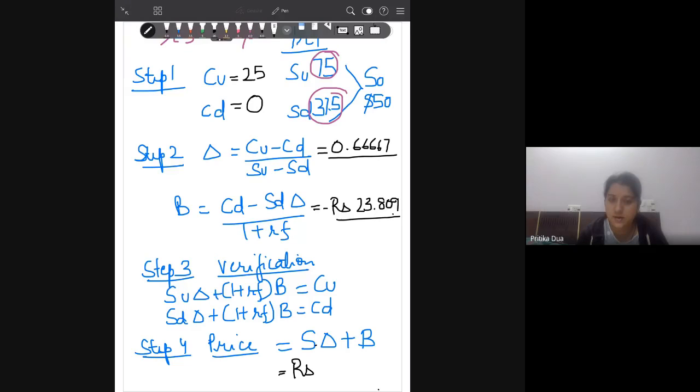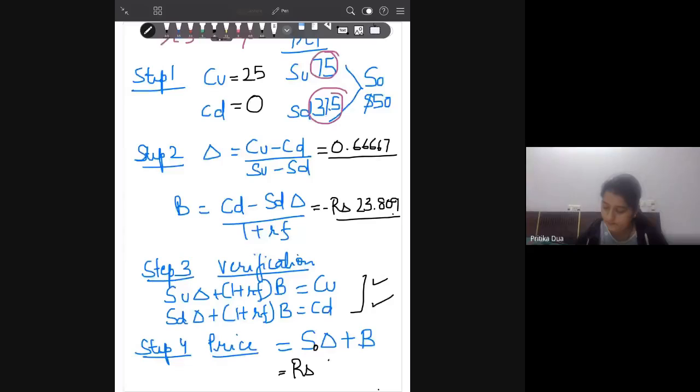So see how much is the premium coming on the call option. 9.541. Okay, so this is the correct answer. This is how value of the option is calculated using binomial model.